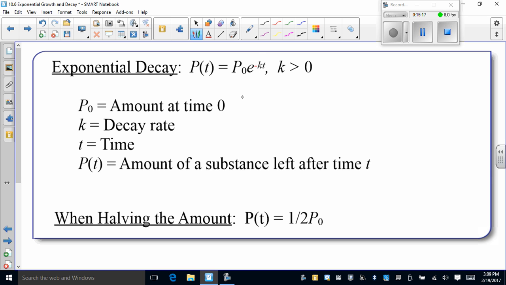Everything means the same if you're having the amount. So if you're going for half-life, it probably makes more sense. P of t is 1/2 of the original. Where before when we had double, it would be 2 equals. Now it would be 1/2 equals. So this is for double, and this is for half-life.